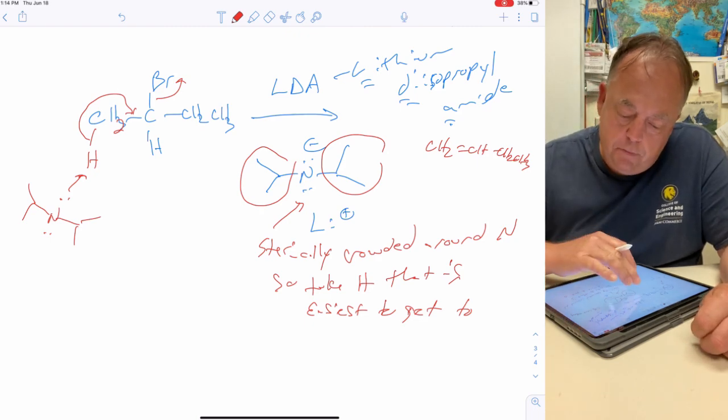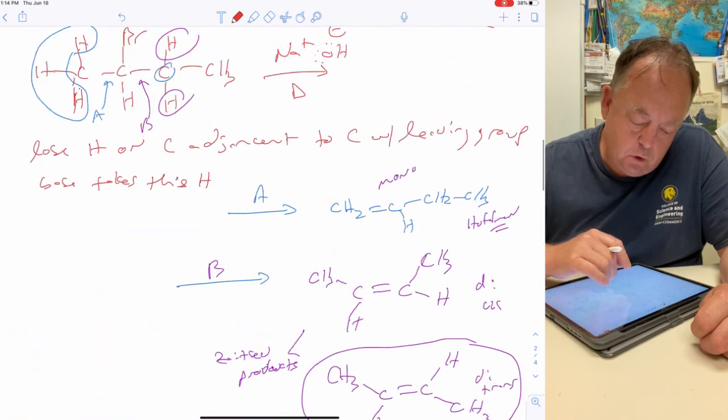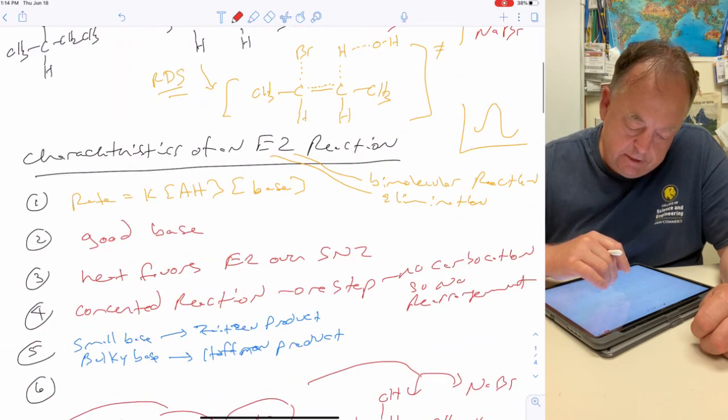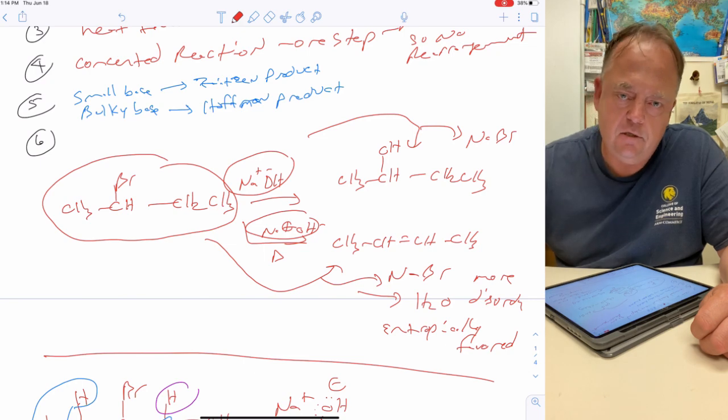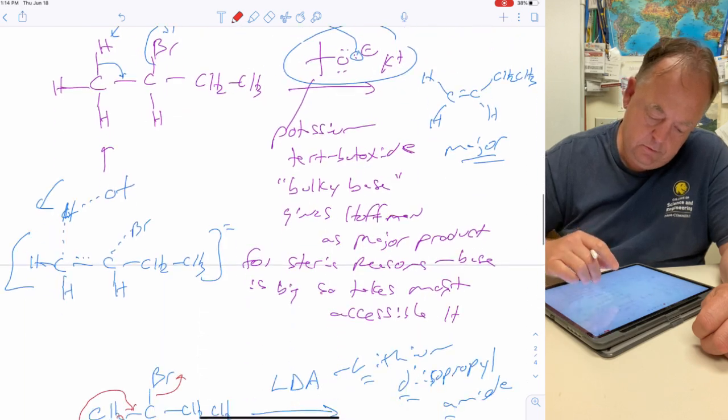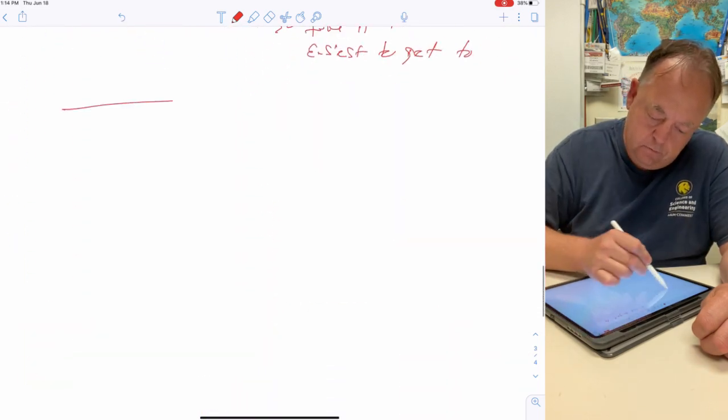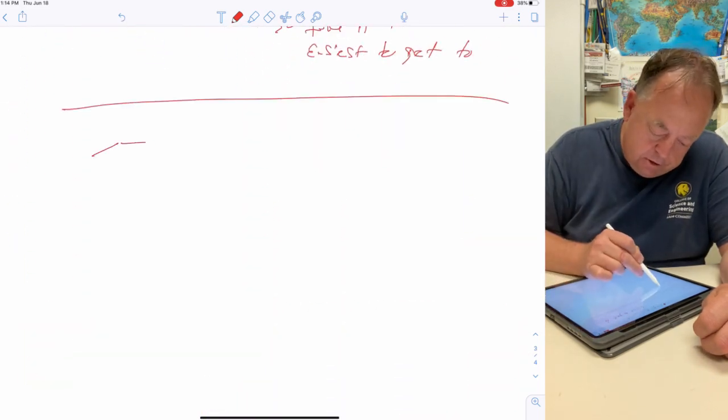So that's the only two bulky bases we'll look at. So the other bases that you see in E2, you can just assume they're small bases, and they're going to lead to the more substituted alkene as the major product. Okay, so if we took another example to illustrate that.